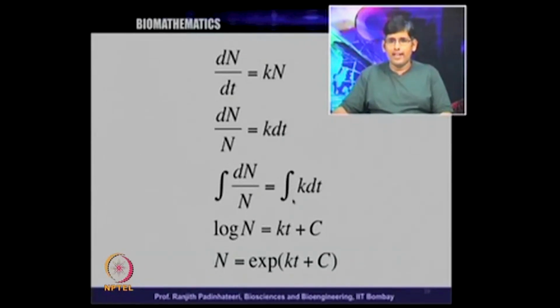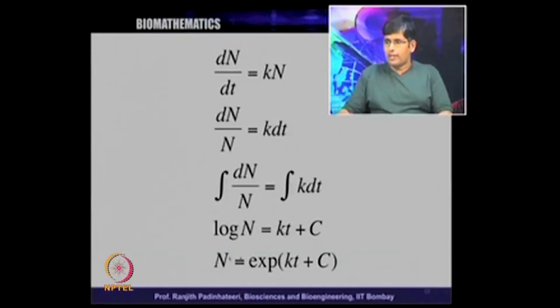Now, what is the integral of dn by n? As we studied before, the derivative of log n is 1 over n. So, the integral of dn by n is log n, and since k is a constant, the integral of k dt is kt plus a constant of integration, kt plus c.